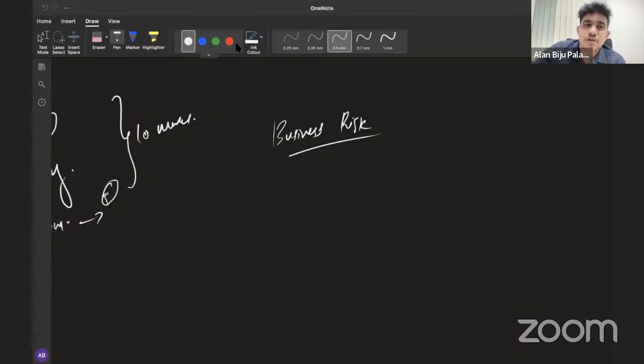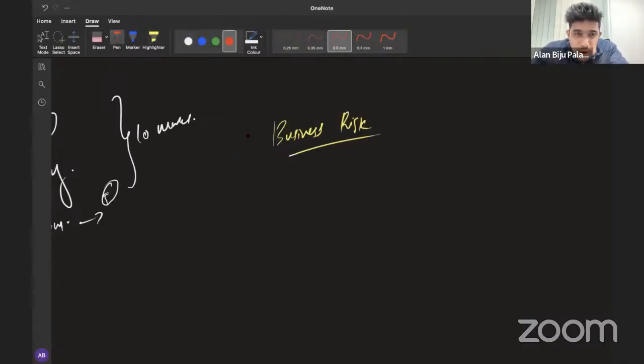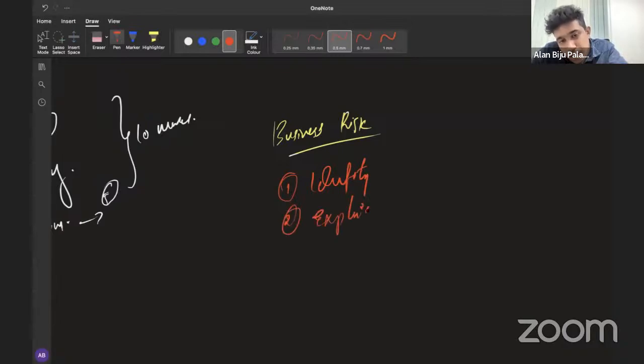Basically, the examiner will be asking you to identify and explain business risk in the scenario. So when the examiner asks you to clearly identify and explain a particular business risk from the scenario, you should always focus on identifying the business risk. Then you have to explain how it actually constitutes a business risk.